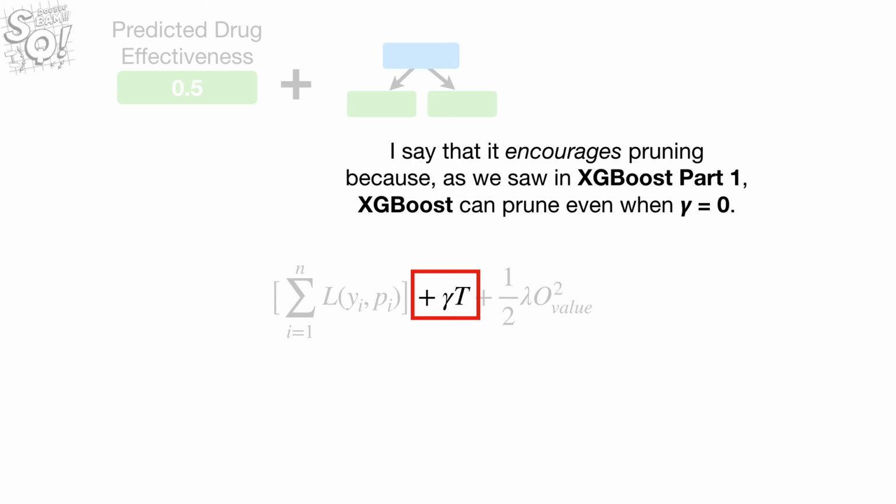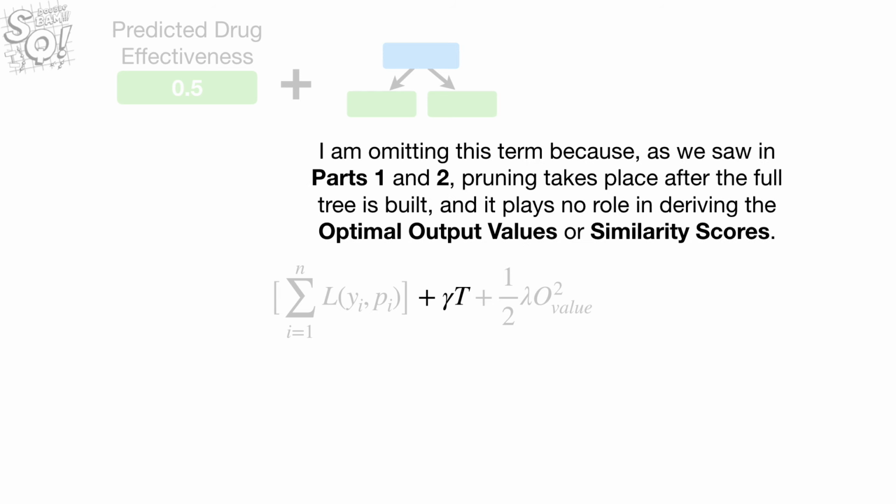I say that it encourages pruning because, as we saw in XGBoost Part 1, XGBoost can prune even when gamma equals 0. I'm omitting this term because, as we saw in Parts 1 and 2, pruning takes place after the full tree is built, and it plays no role in deriving the optimal output values or similarity scores.